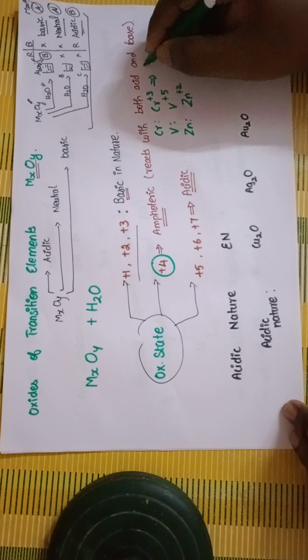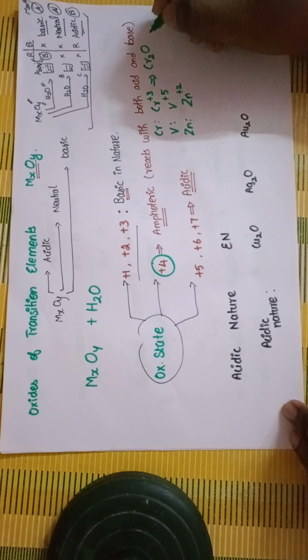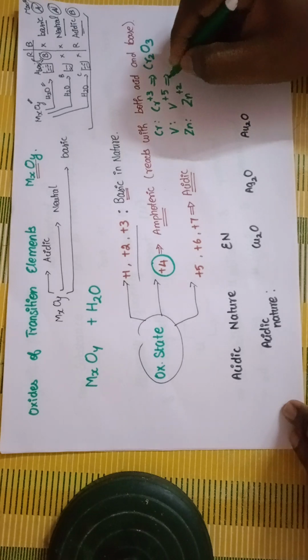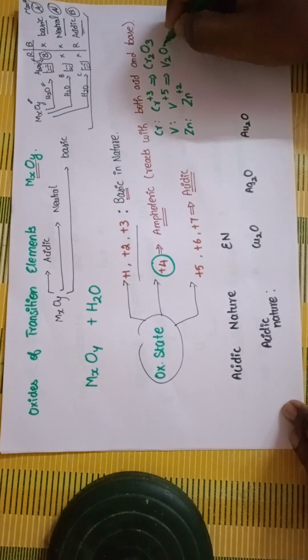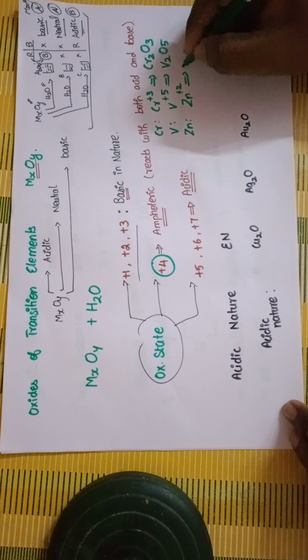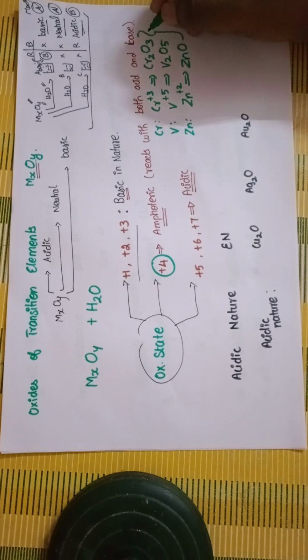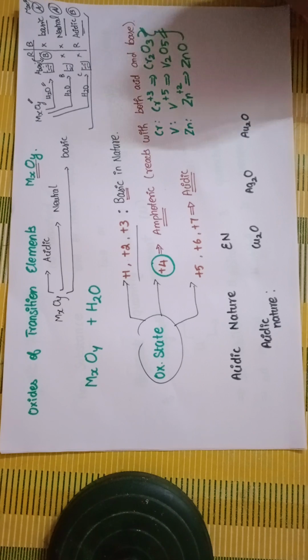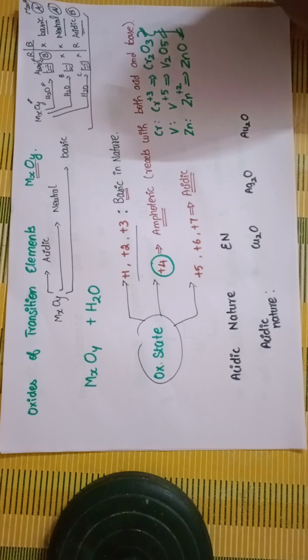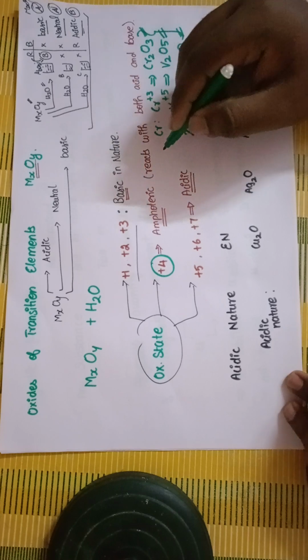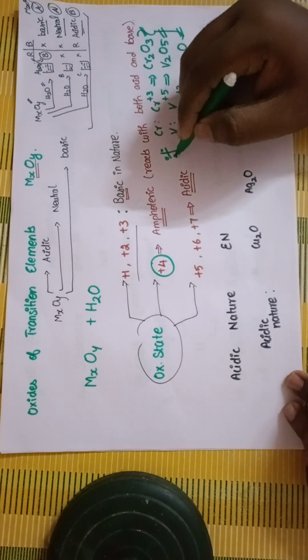Chromium +3 is Cr2O3, vanadium +5 is V2O5, zinc +2 is ZnO. These are chromium trioxide, vanadium pentoxide and zinc oxide. These are amphoteric oxides, which means they can react with both acid and base. Very important one.